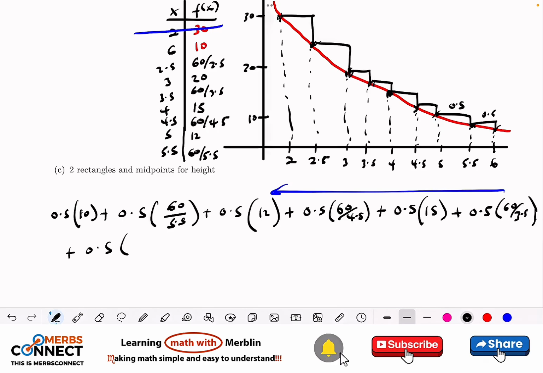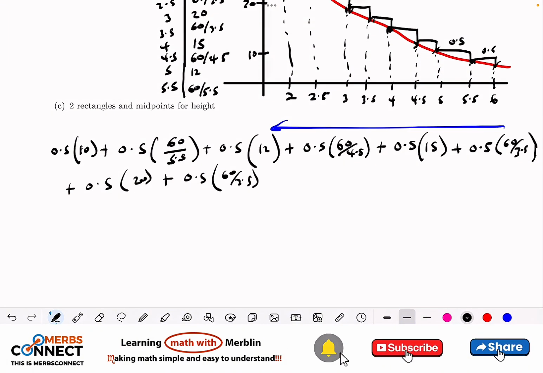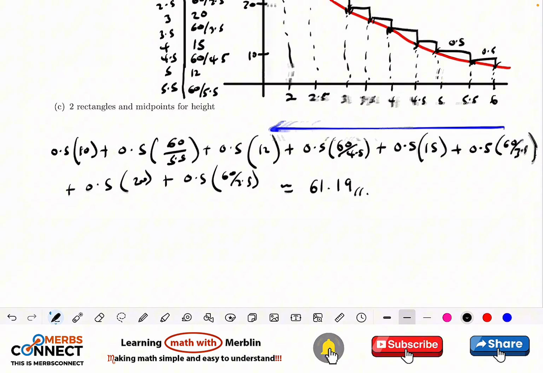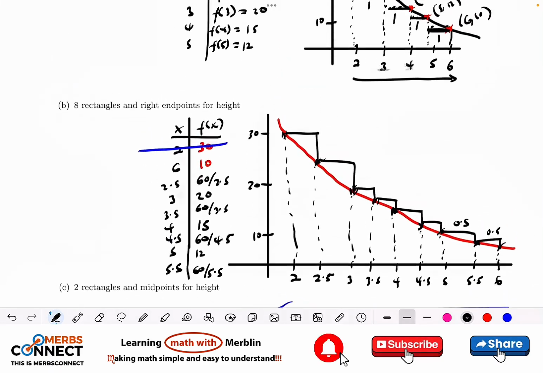The one with 3 is going to give us 20 plus 0.5. The one at 2.5 is going to give us 60 divided by this. And then when you punch everything on the calculator, you should have something approximately 61.19. So you can check that on your calculator, right?